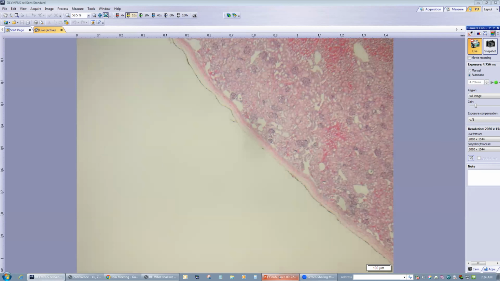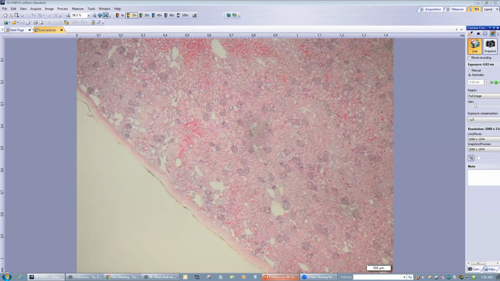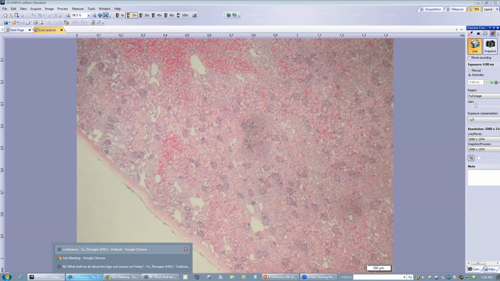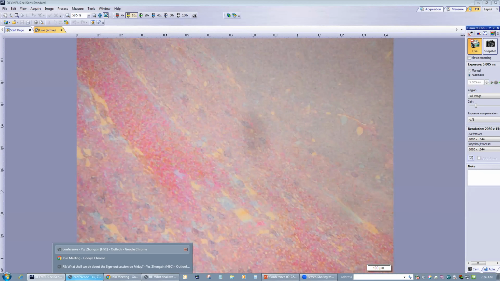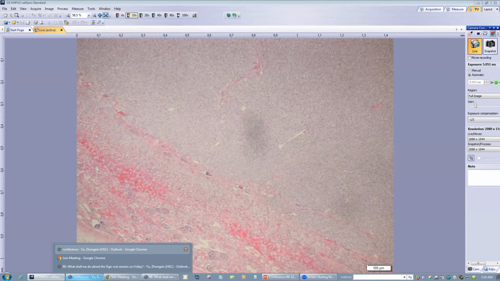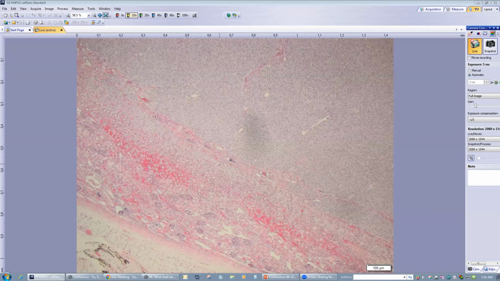This is the second case. When we look at the low power, that's the renal capsule, that's normal kidney. So let's move around. Here's the tumor, and this is normal kidney.